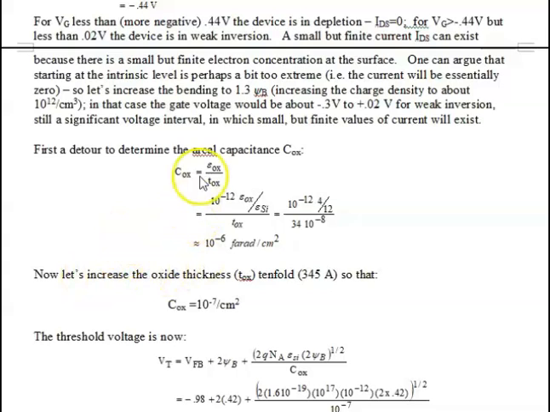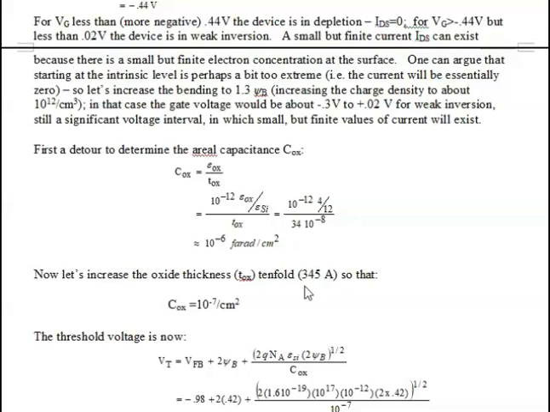Now, the reason that we go through this little exercise is, suppose I increase the oxide thickness. Was 34.5, I multiplied by 10. Unrealistic? You bet. But the whole idea is to show that we like to make the oxide thickness as small as possible.